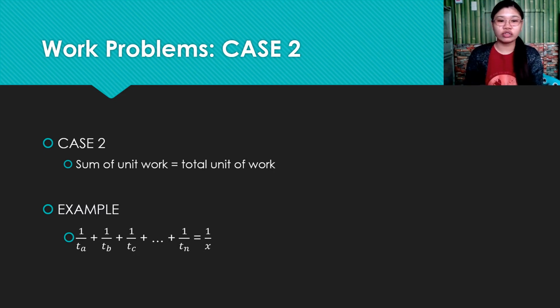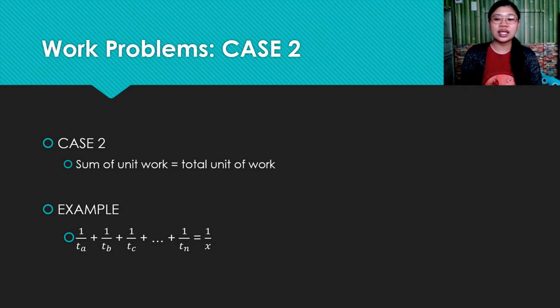So, that is for TA, TB, and TC. That is the time wherein they can do the job alone. And then X, so we have here 1 over X. The X here represents the total time that workers can finish the job if all of them are working combined. So we have here TA, TB, TC, or TN.